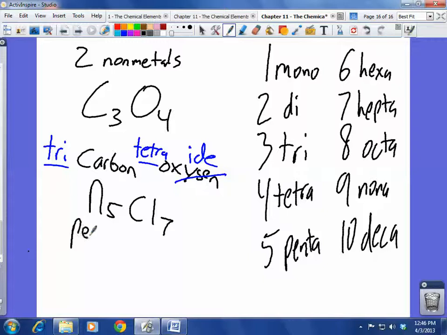So penta, because we have 5 nitrogen. Hepta, since we have 7. And then we still have to keep that IDE at the end. Chlorine by itself is just chlorine, but if we have a chloride, that means something is bonded with the chlorine.